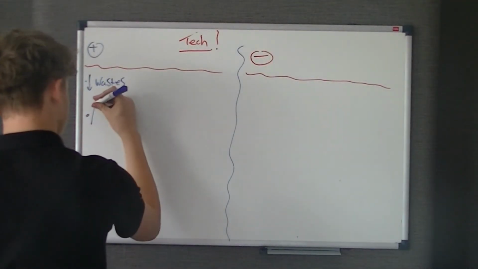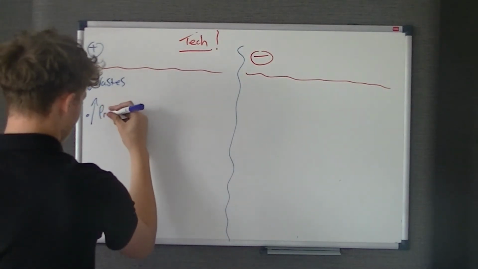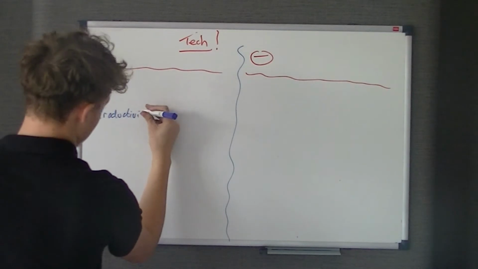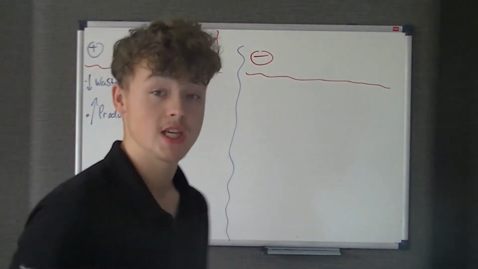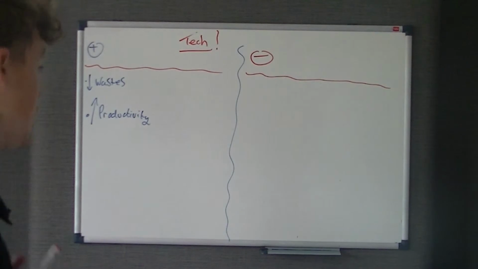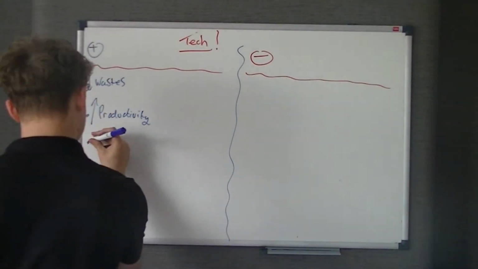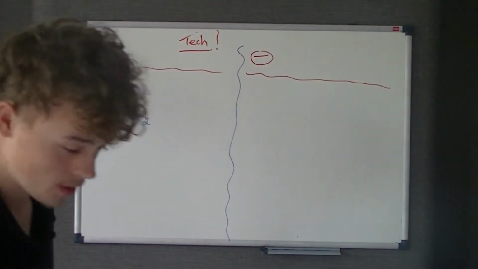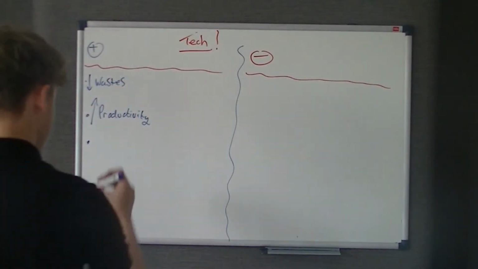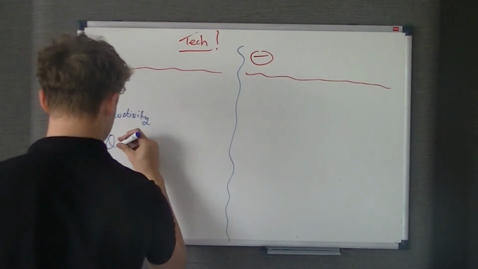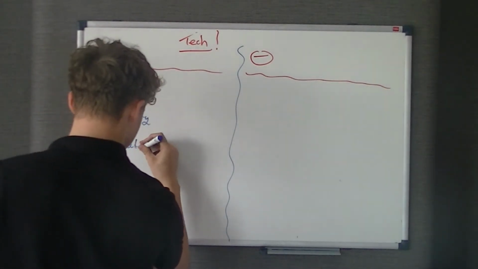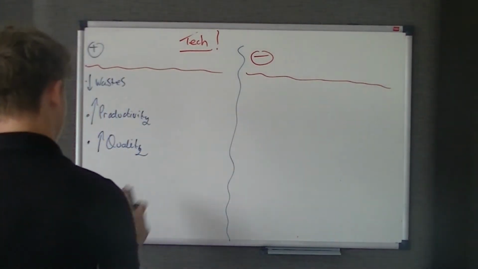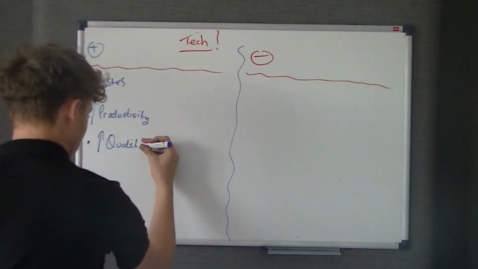It improves productivity, as technology improves the efficiency of workers, which means they can produce more. They're not waiting around to fiddle with bits, adding bits to products on the production line, saving quite a bit of time. Obviously the quality increases as well, because fewer mistakes are made during production. Sorry about that. Turns out I can't write. So the quality increases.